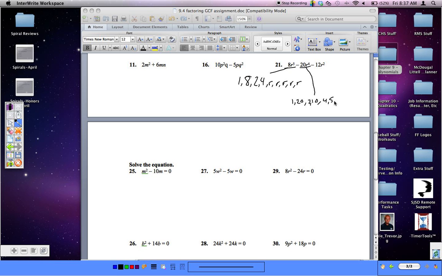Those are the ways to multiply to make 20. And then it'd be 4 r's. And then lastly, we'd have 12r squared, which would be 1 and 12, 2 and 6, 3 and 4. And this one's going to have 2 r's.